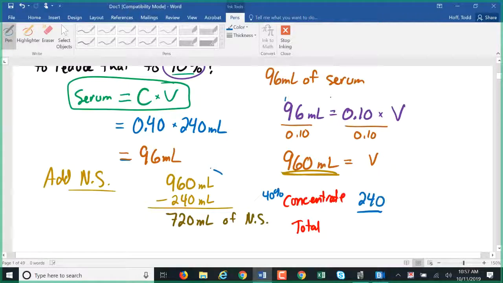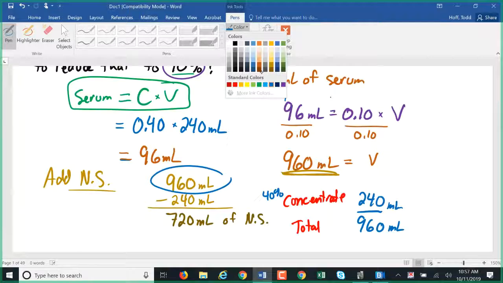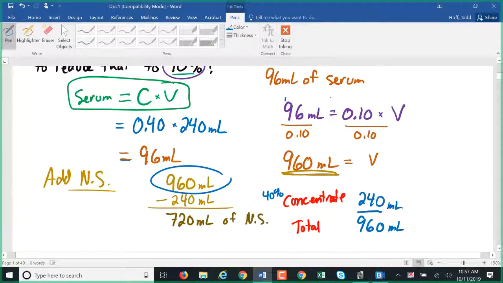We're going to increase the volume to 960 milliliters. So the dilution that is required: milliliters cancel out, reduce both of those, divide by 240, gives us a 1 in 4 dilution. Any questions on what I did there so far?